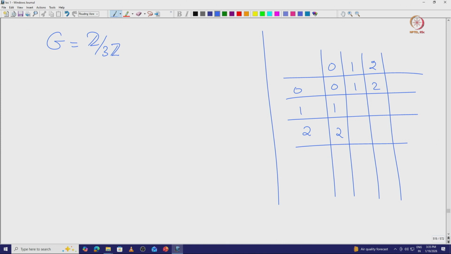So at the 2,2 position, you have to add 1 plus 1, it is going to be 2, and then 1 plus 2 is going to be 3, which is 0, and then 2 plus 1 is 0, 2 plus 2 is 1. So basically the matrix xg is going to be exactly equal to x0 x1 x2, x1 x2 x0, x2 x0 x1.